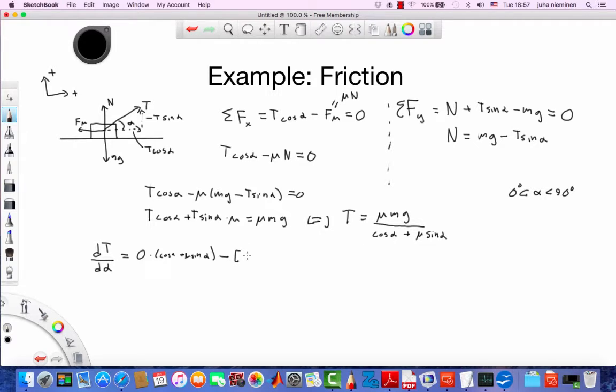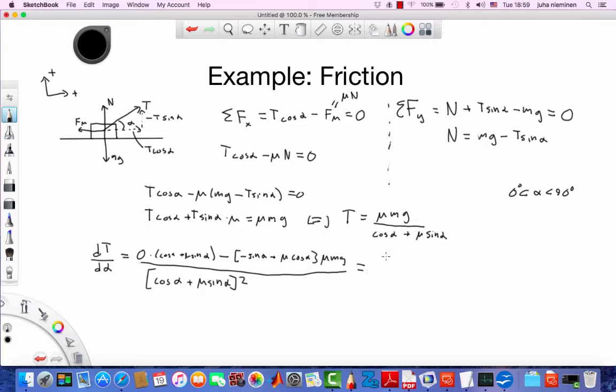The derivative of cosine alpha is minus sine alpha, and the derivative of the other term is mu cosine alpha, and this times whatever you have on the top, mu mg, and the whole thing divided by the second power, cosine alpha plus mu sine alpha, squared.